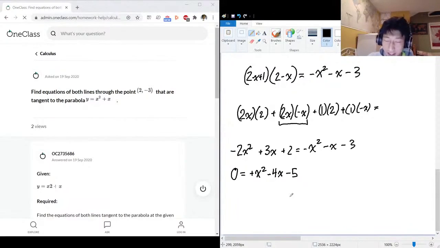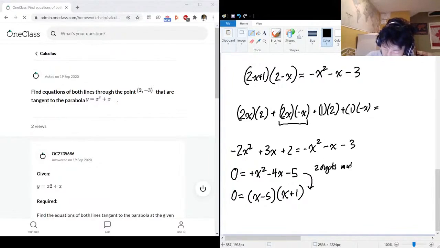Actually, no, never mind. Okay, I'll write out what I'm trying to say here. So we have x minus 5, and then x plus 1. That's what I mean that we can get this. So essentially to get here, we need to find 2 digits that multiply to get negative 5 and add up to negative 4.